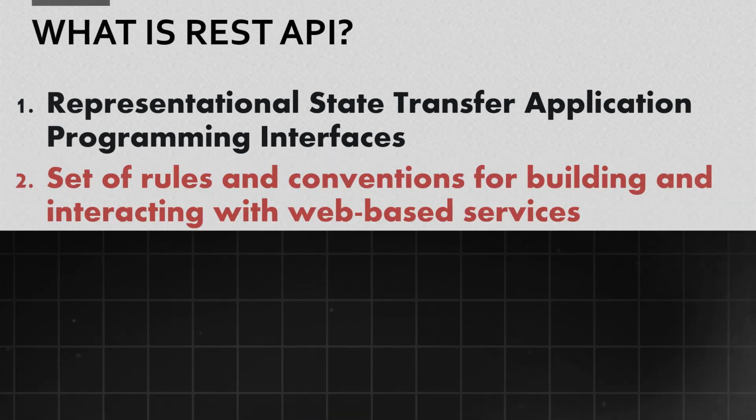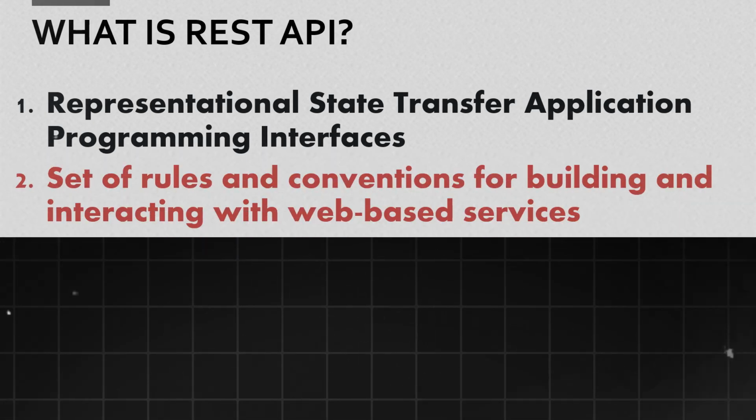These are a set of rules and conventions for building and interacting with web-based services. They enable different software applications to communicate and exchange data over the internet in a standardized way. Now, REST APIs are widely used to create connections between servers and clients, allowing them to send and receive information seamlessly.